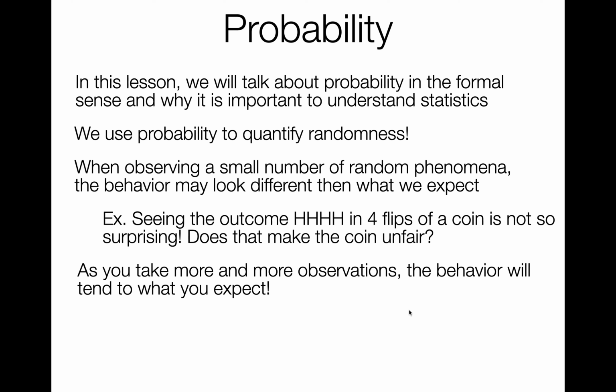Anyway, the point that I'm making in this slide is that when I have a small number of events, I flip the coin a small number of times, I can see behavior that looks very different. Hence, 4 heads in a fair coin happens all the time. But as I take more observations, the behavior should tend to what you expect.